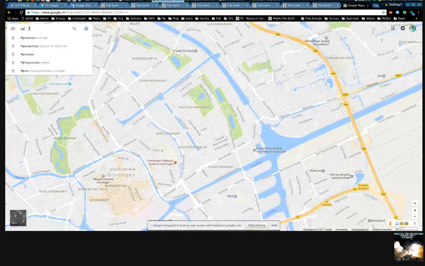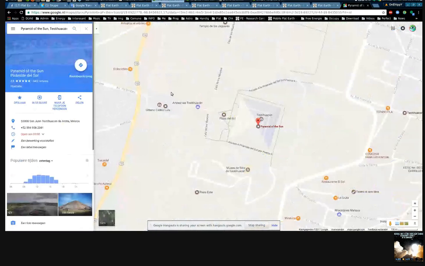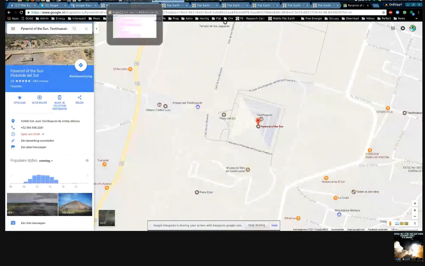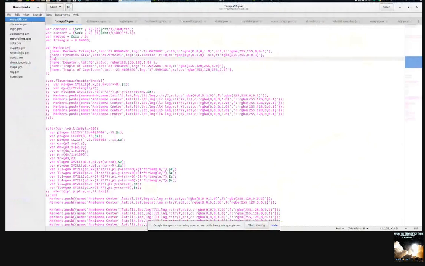So the Pyramid of the Sun is the largest building in Teotihuacan, and one of the largest pyramids in Mesoamerica. The name comes from the Aztecs who visited the city. The pyramid was constructed in two phases. That's what they say.